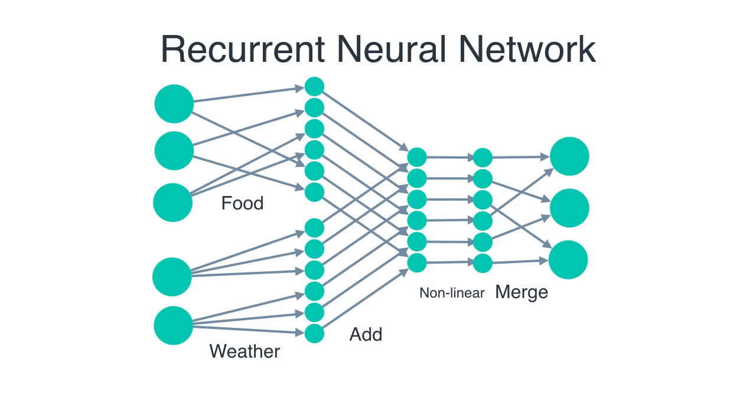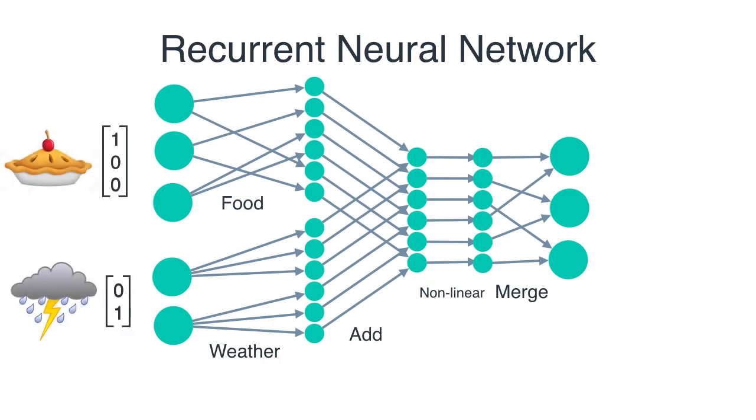And it goes as follows. If I input my vector for the apple pie and my vector for the rainy day, the vectors go into the nodes like this. And for the matrix multiplication, as you can see here, the edges that are labeled 1 are drawn, and the edges that are labeled 0 are not drawn. And a matrix multiplication is exactly putting the values through the edges, multiplying them by the weight of the edge, and adding them.